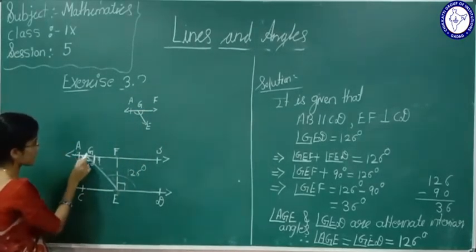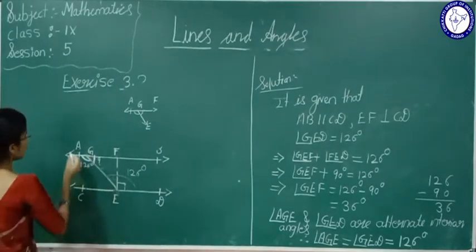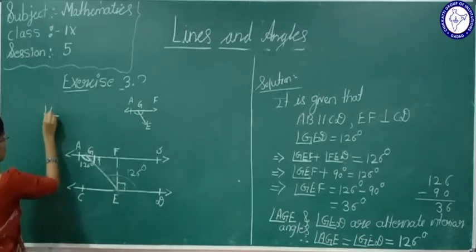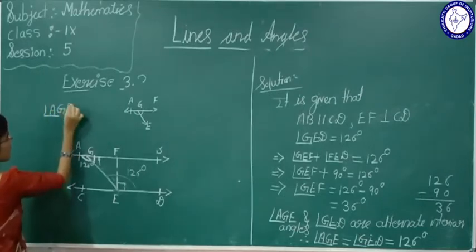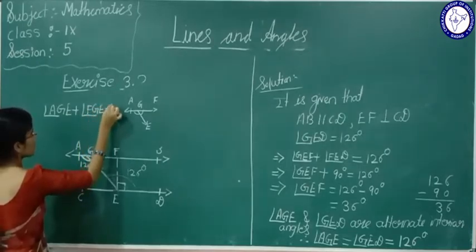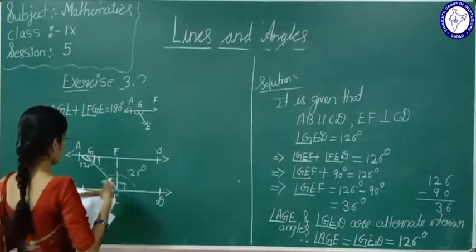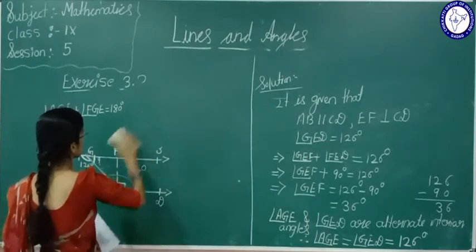That is, angle AGE plus angle FGE is equal to 180 degrees. What is the reason? Linear pair.